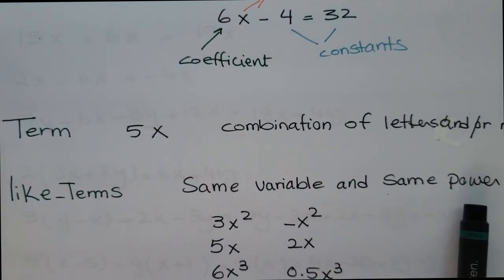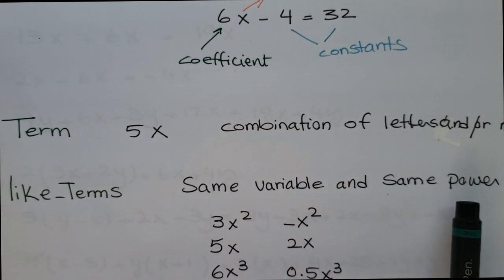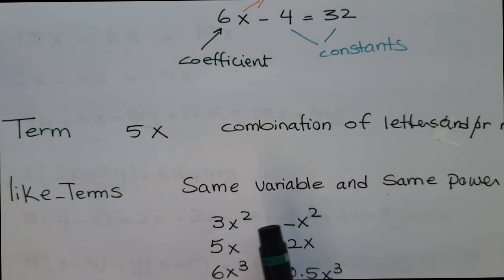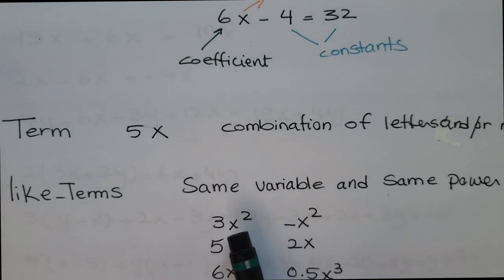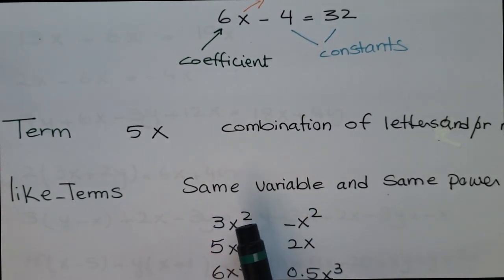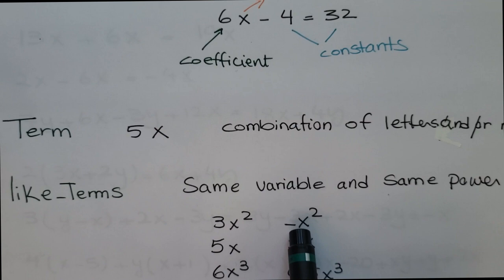Not only do they have the same letter, but the power of the letter is also the same, though the coefficient could be different. So take these two terms, 3x squared and negative x squared. In both of them the letter is x and the exponent is 2, so I could say this one and this one are like terms.